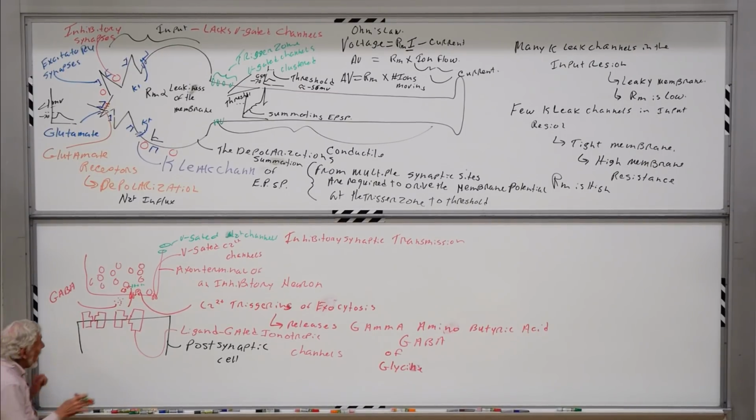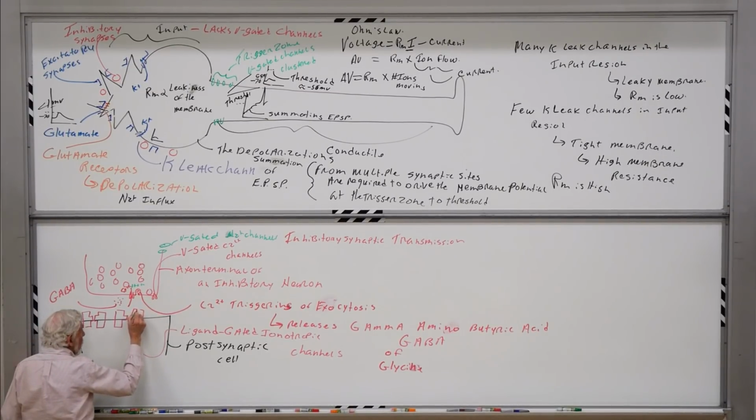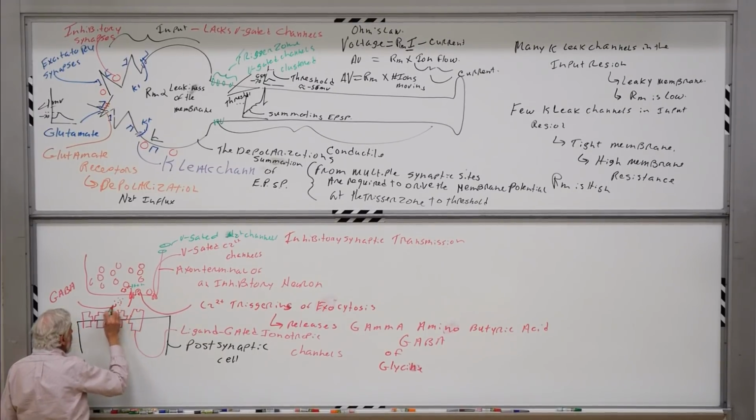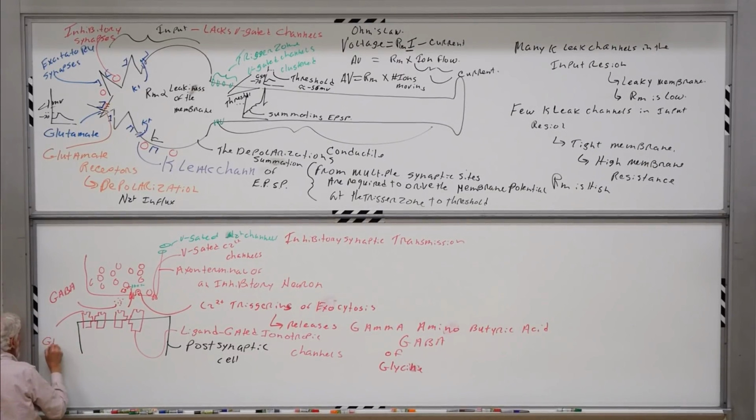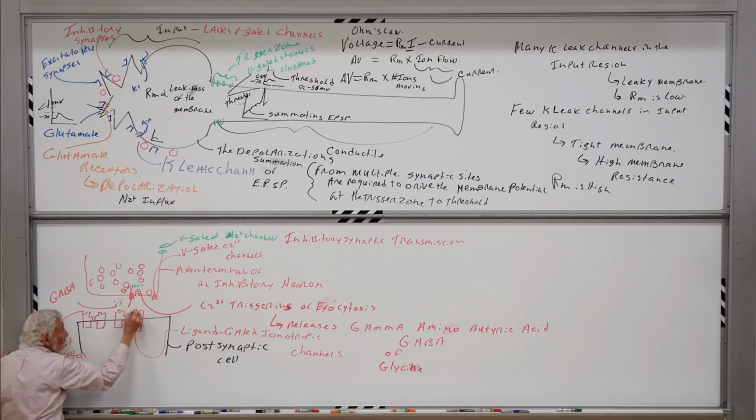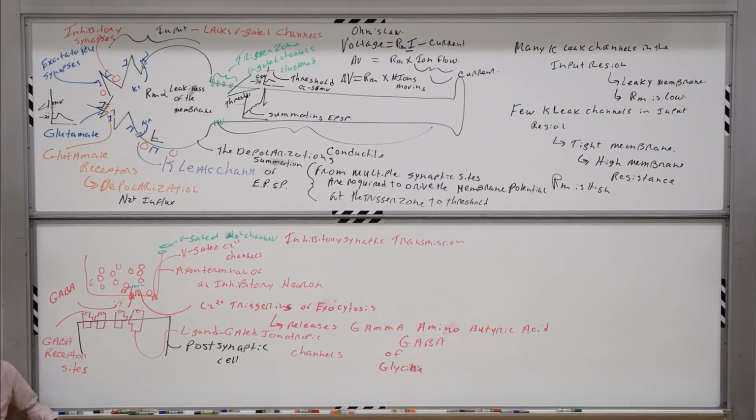Now, in this particular case, these ligand-gated ionotropic channels will have on their extracellular region facing the axon terminal sites that are GABA receptor sites. So that the neurotransmitter here, which we talked about being released by exocytosis, binds to these receptors. So at this point, everything is the same as what we talked about for excitatory synapses.